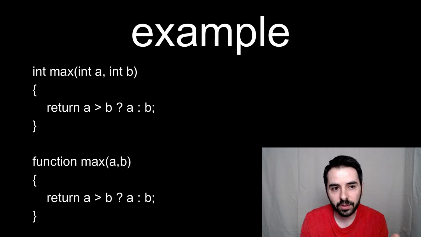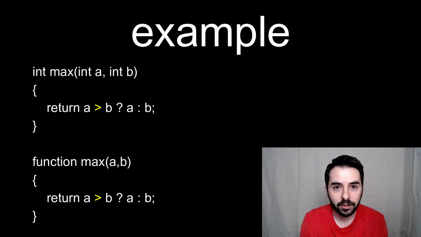So for instance, for integers, we know for sure the greater than operator is supported, so it will work. For the dynamically typed one, since we don't know the types of a and b at compile time, when we are writing the code, we don't know if the greater than operator is supported for this type.